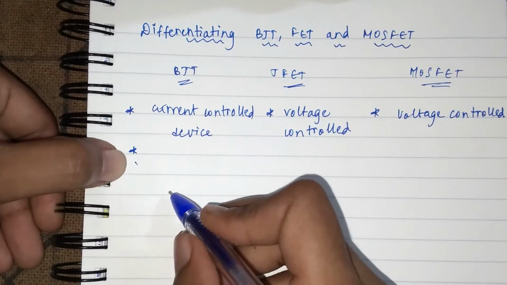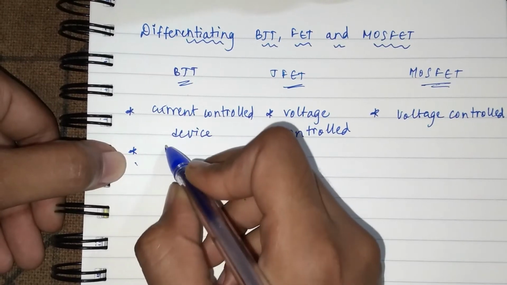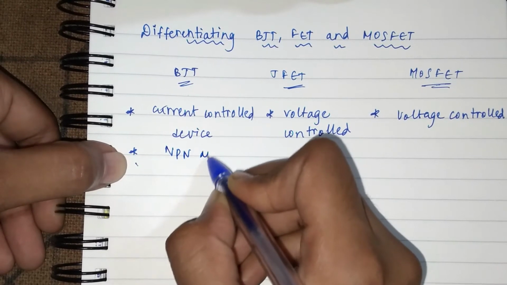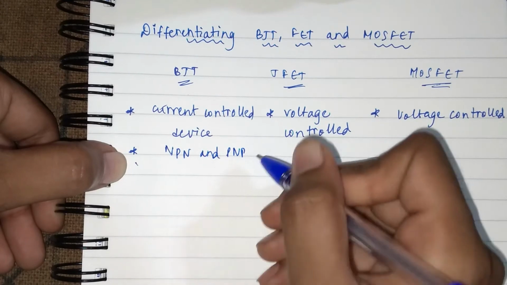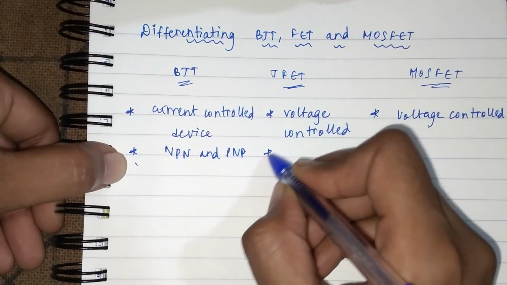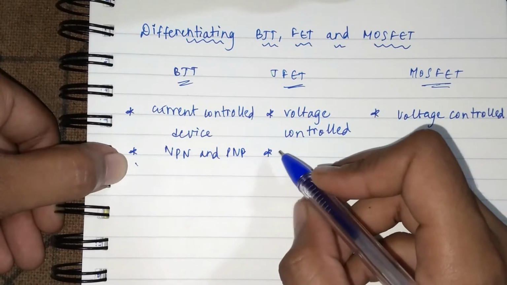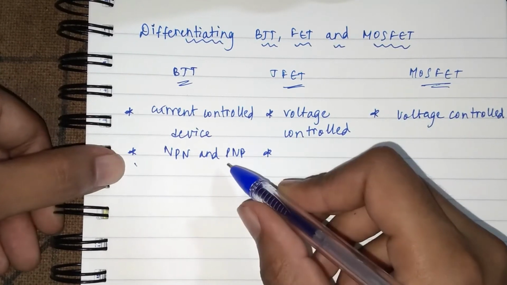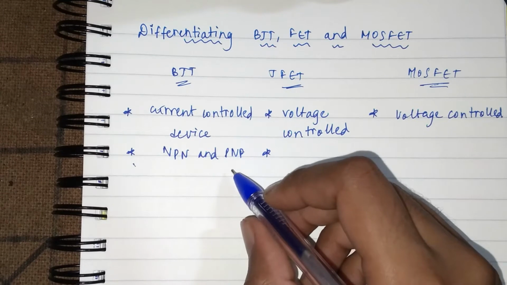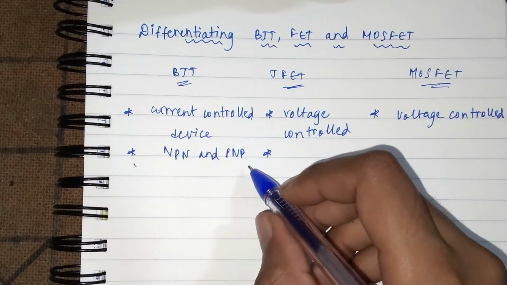And we know the two types of BJT are NPN and PNP. These are the types that we have discussed in the earlier videos, right? The types of BJT, NPN and PNP. We have discussed the formation of these transistors too.